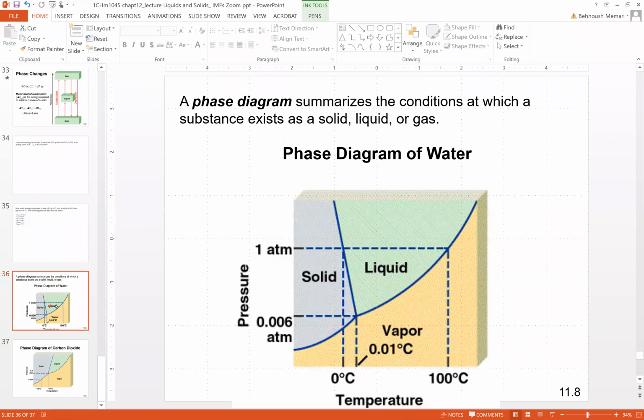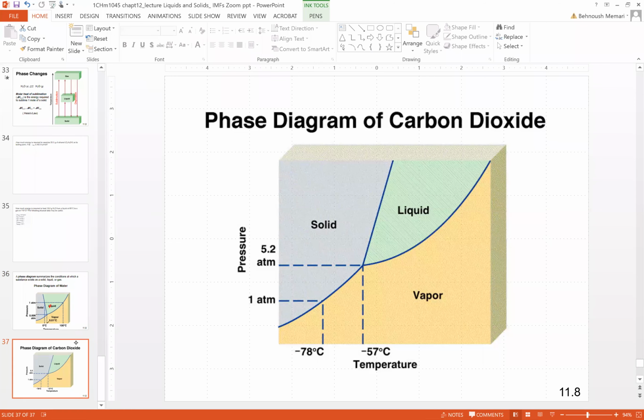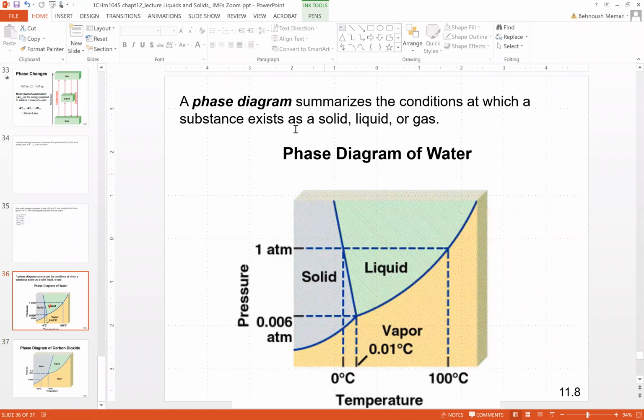The melting line for water slopes toward the lower pressure, and for CO2 it goes toward the higher, basically higher temperatures. So the slope here is positive. For water, I'm just going back and forth so you could see it, the slope is like a negative slope.